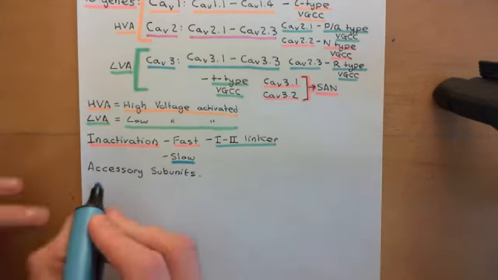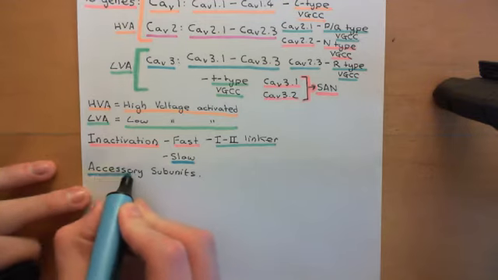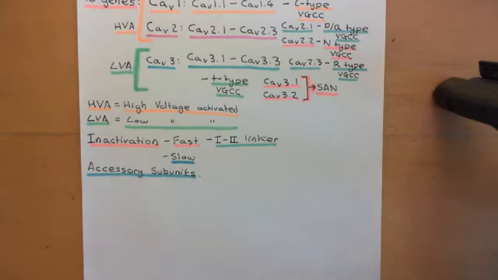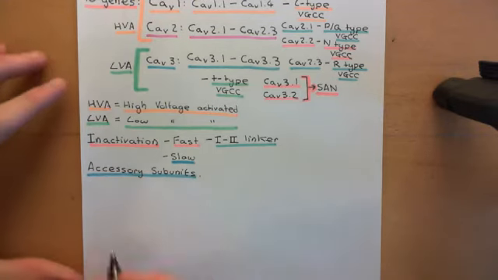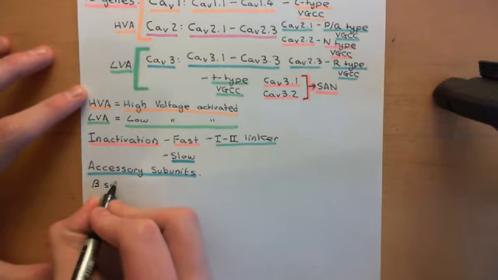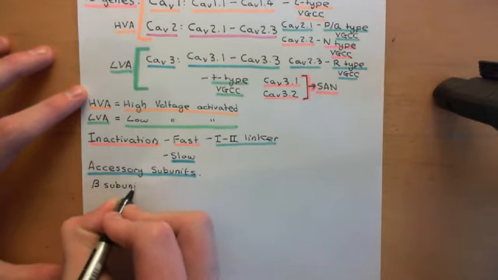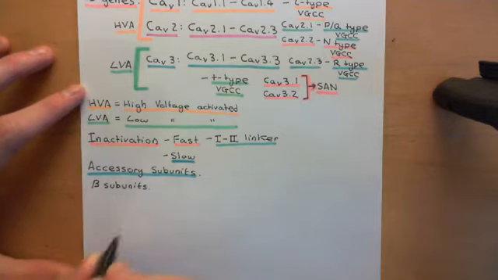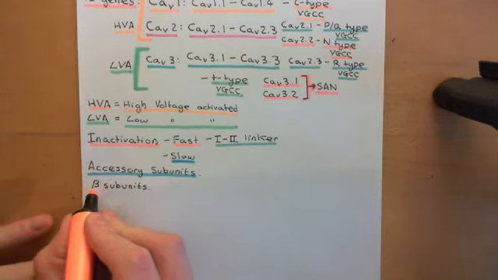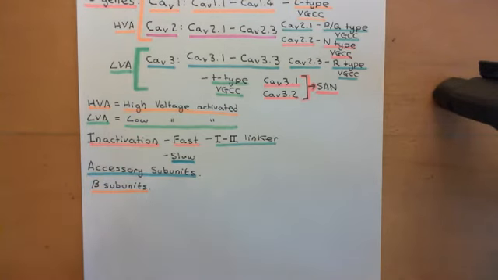We're going to go through these 3 different types of accessory subunits and what their function is. We'll start off by discussing the beta subunits, then we'll go on to the alpha 2 delta subunits, and then finally we'll go on to the gamma subunits.